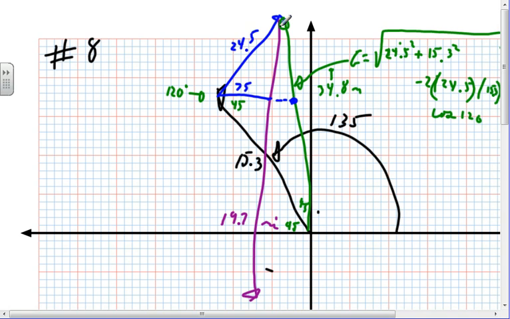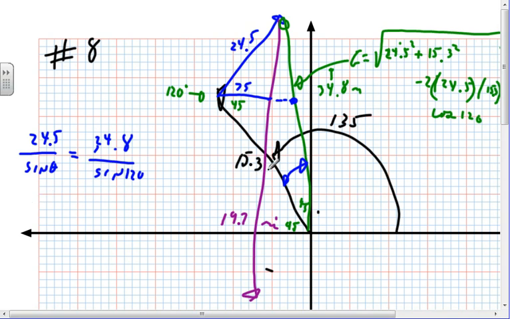I need an angle. Okay, what we're going to do, we're going to calculate this angle. So you said it was 45 already. No, it's not. That's the angle to the black guy, not to the green guy. So we're going to calculate the angle to the green guy. Law of sines says 24.5 over sine theta is equal to 34.8 over sine 120.